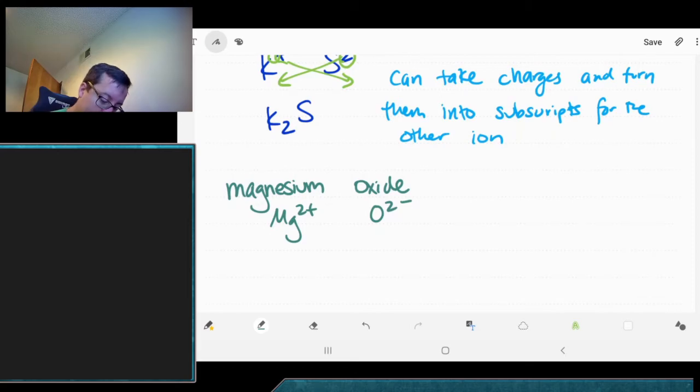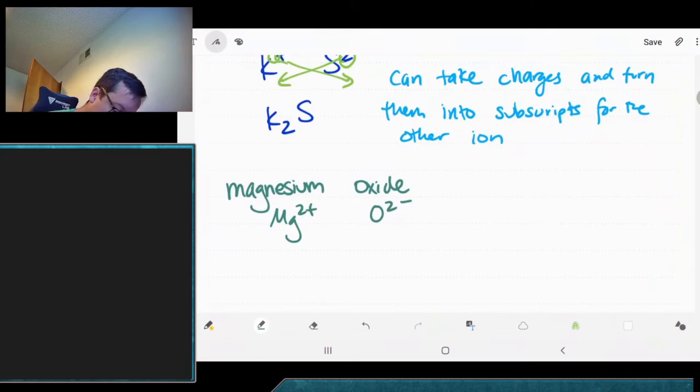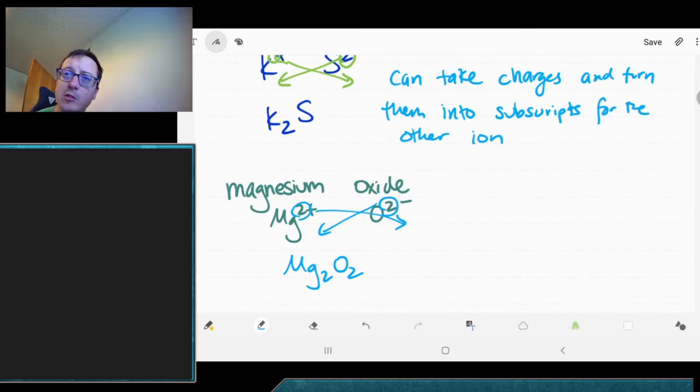If we try and crisscross these, we get Mg2O2. But if we were to just look at these and go, well, they have the same charge but opposite sign, we just need one of each. We just need one of each of these to balance it out. And indeed, we're going to see that this is the better option here.